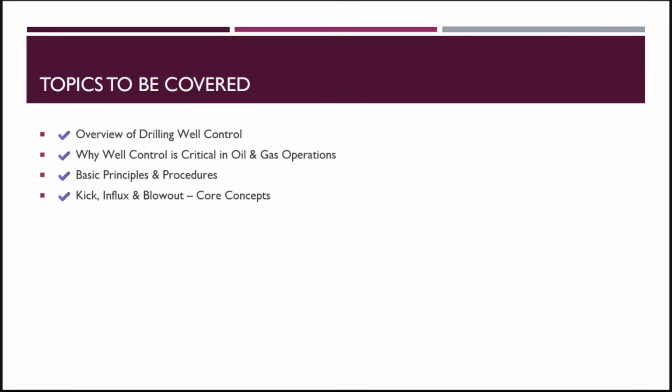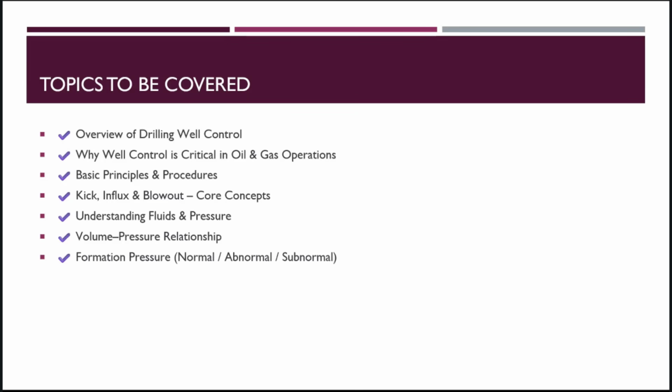Then we will see some definitions: what is a kick, what is the meaning of influx, and what is the meaning of blowout. After that, we will see how fluids behave and how pressure acts in a well. Then we will see the relationship between volume and pressure, how both are interdependent on each other.